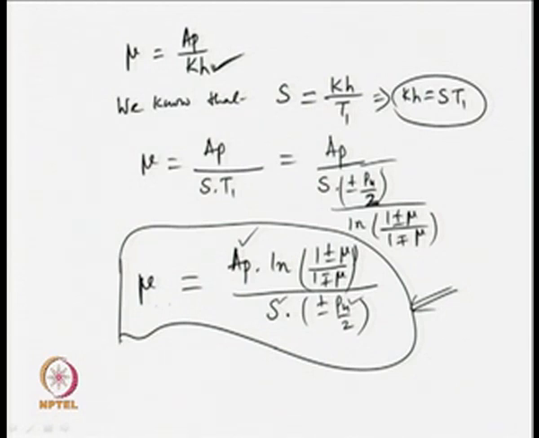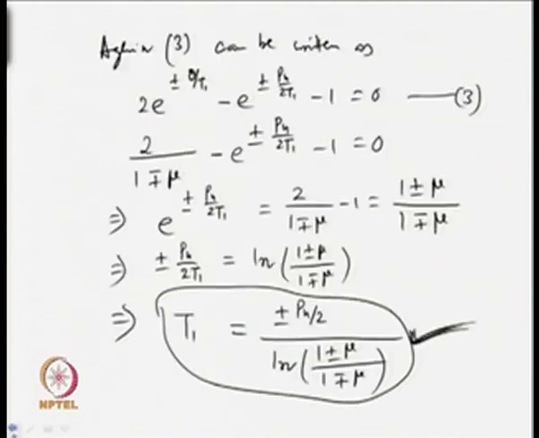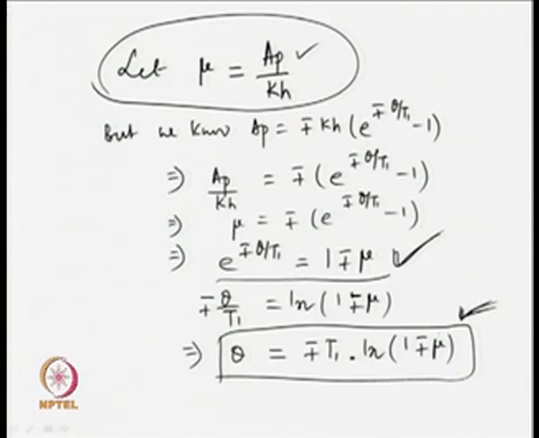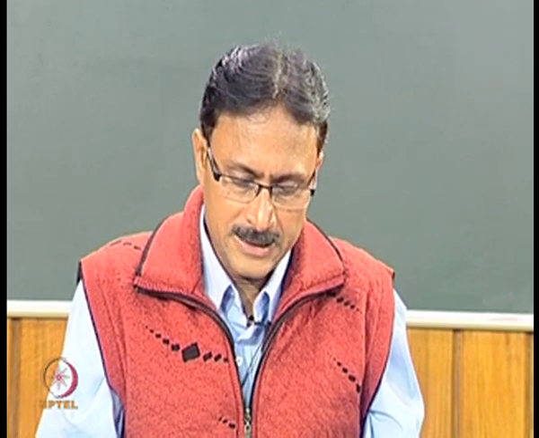Then this expression can easily be solved to find out mu, and once the mu value has been found out, then substitution of mu and making use of the measurement pu, we can estimate T1. Further, making use of T1 and mu will give us theta. That is how all the unknowns of the transfer function model can be estimated.